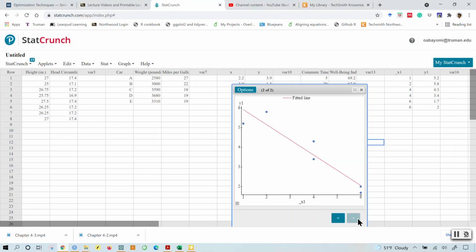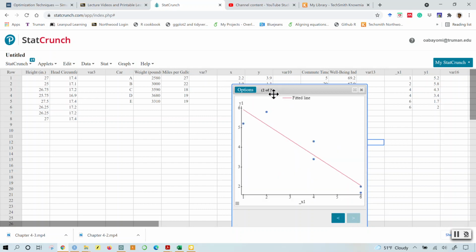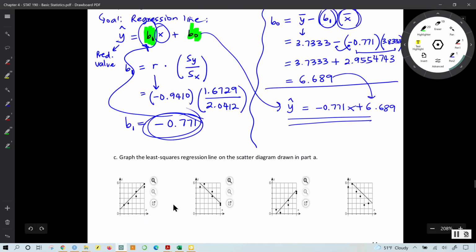If I click on this, it takes me to the other results, page 2 of 2. We could have known that because this says output 1 of 2, and I can go to output 2 of 2. This shows the fitted line, which is what the question is requesting in question C.